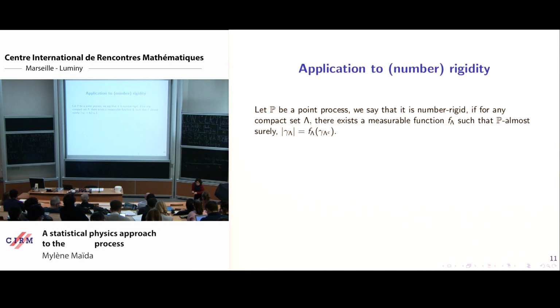Okay, it means that for a number rigid point process, if I give you the configuration outside lambda, it fixes the number of points.